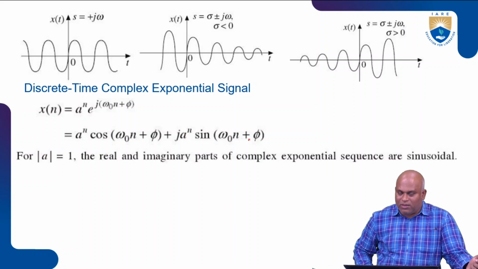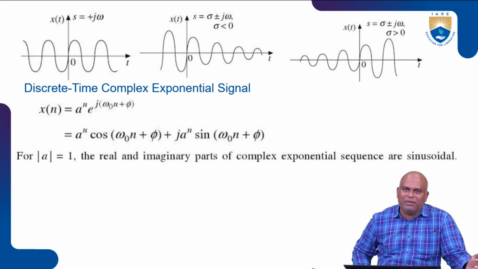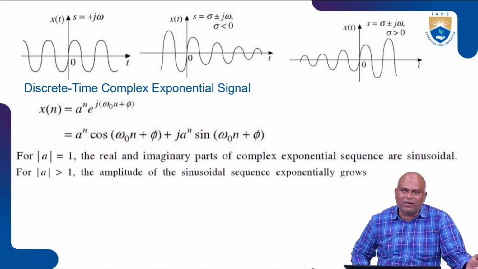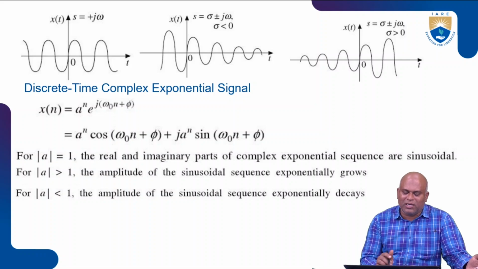So this is what I should write. A we always take as a real number, and the imaginary part of a complex exponential signal is a sinusoidal signal. When magnitude of A is greater than 1, the amplitude of the sinusoidal sequence is exponentially growing, and when magnitude of A is less than 1, the amplitude of the sinusoidal sequence is exponentially decaying.